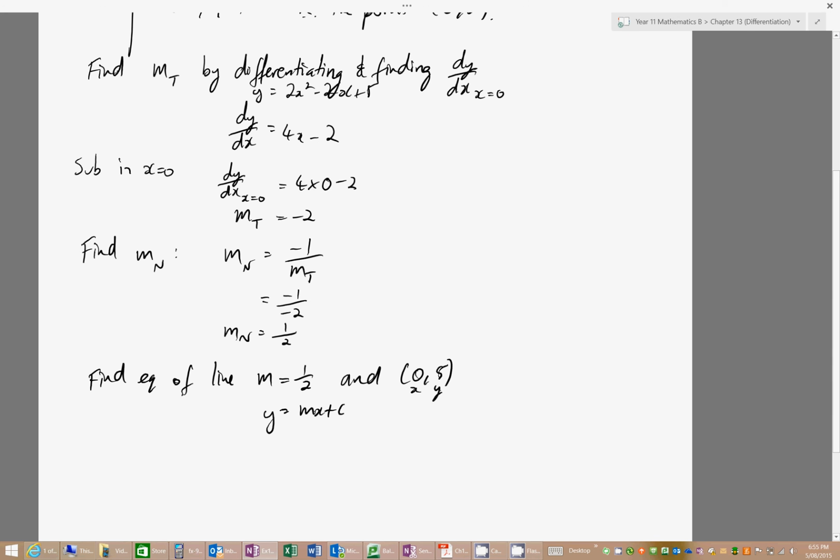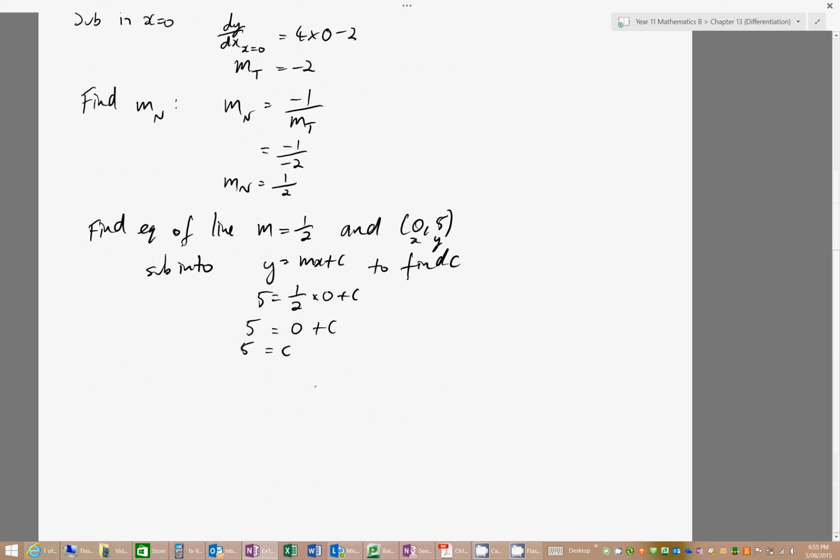This is my x, this is my y, to find c. Y is 5, m is a half times 0 plus c. 5 equals 0 plus c, c equals 5. Okay, so the equation of my line is going to be y equals a half x plus 5.